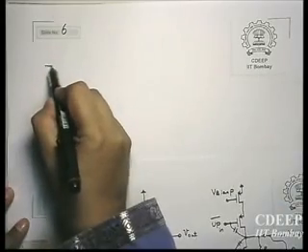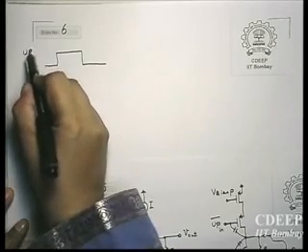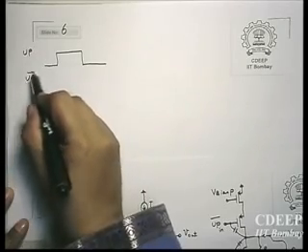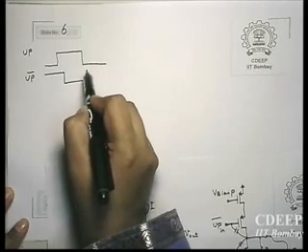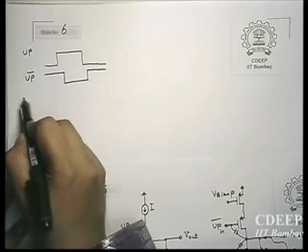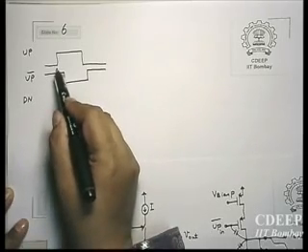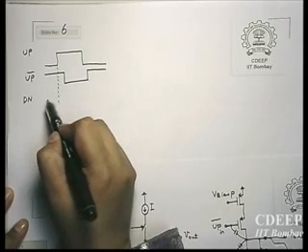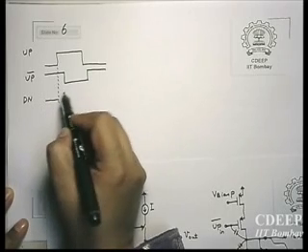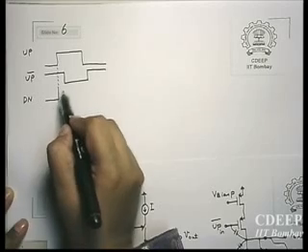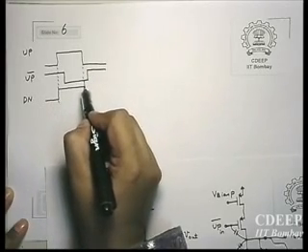So suppose up is like this, then up bar will be like this, then down, for example, we want it to be low. Both are high, so no current should flow.